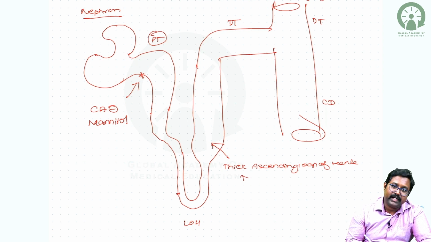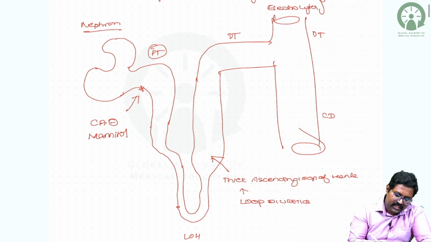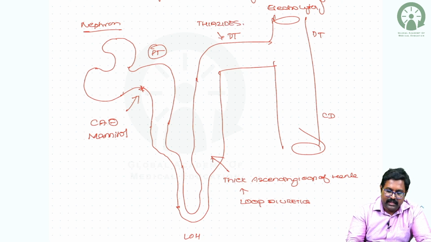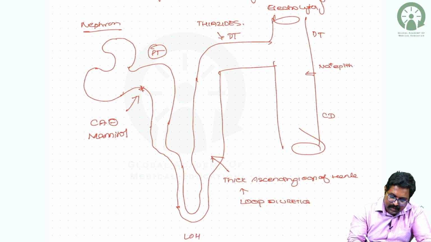Next we have a drug which is targeting the early part of the distal tubule, that is your thiazides. Next we have drugs which are mainly acting on the distal tubule as well as the collecting duct, that is your sodium epithelial channel blockers or antagonists, and the aldosterone antagonists.